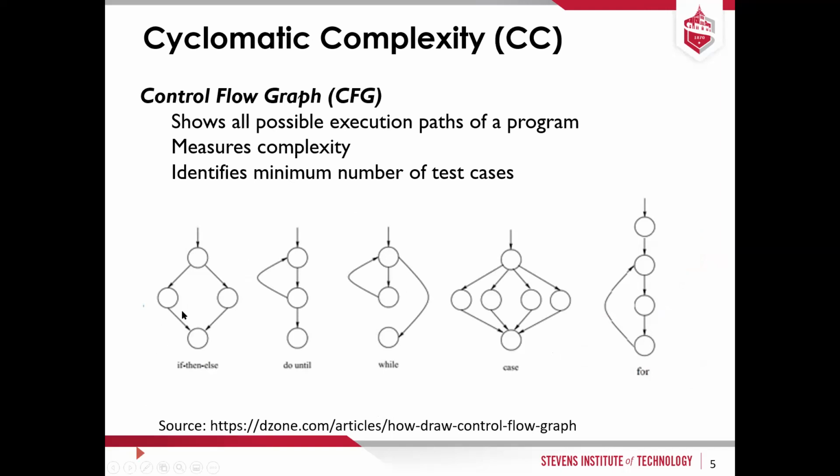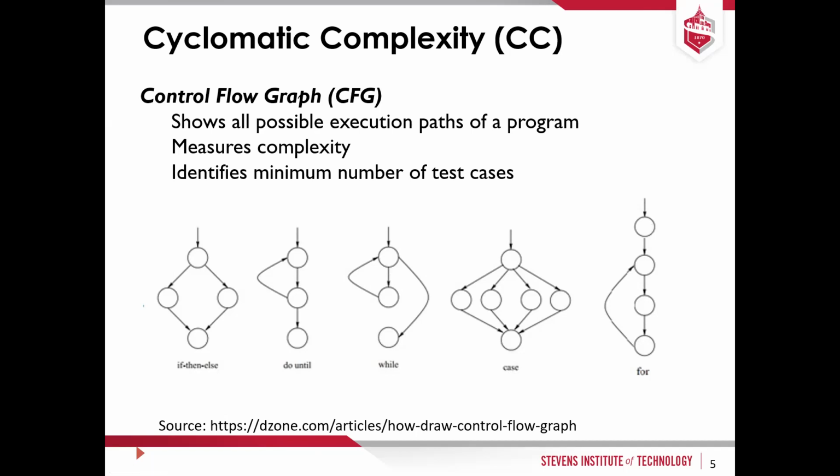If I have an if-then-else, I need to deliver two different paths for getting the final result. If I have a do-until, I have one and then one shortcut. If I have a while, I have a loop, and then suddenly I have the final result. In a case statement, I may have different paths for each case that I'm introducing. And for a for loop, I have a straight path and suddenly a loop that I'm creating.